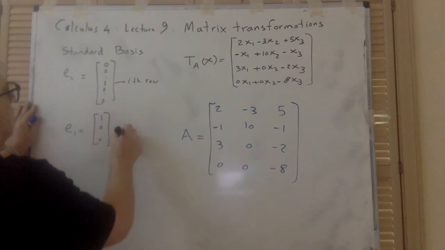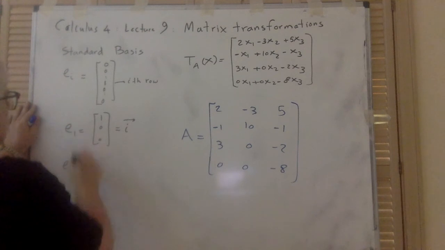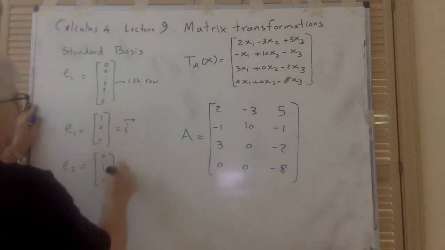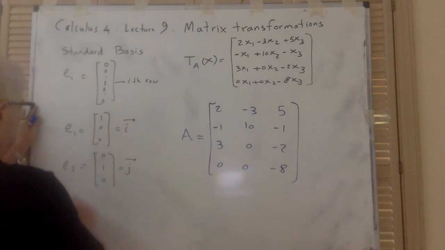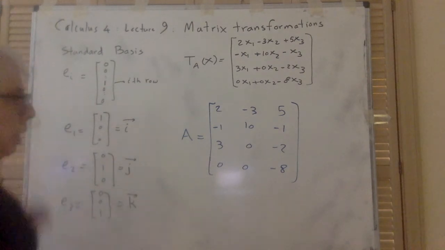In physics, they know this as i. e2, that's for R3, is 0, 1, 0. In physics, they know this as j. And e3, which is 0, 0, 1. In physics, they call it k.